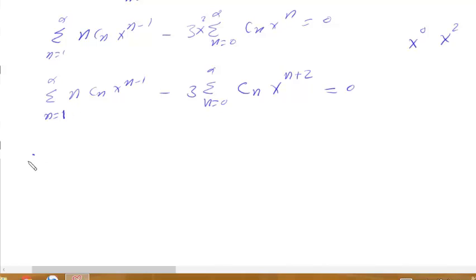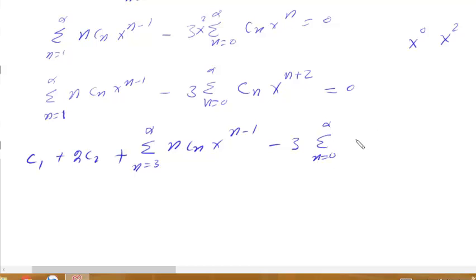Then this is c₁ plus 2c₂x. We expand this for n = 1, which gives c₁, and for n = 2, this one. Then we start from n = 3, the summation of n cₙ xⁿ⁻¹, minus 3 times the summation from n = 0 to infinity of cₙ xⁿ⁺², equal to 0.